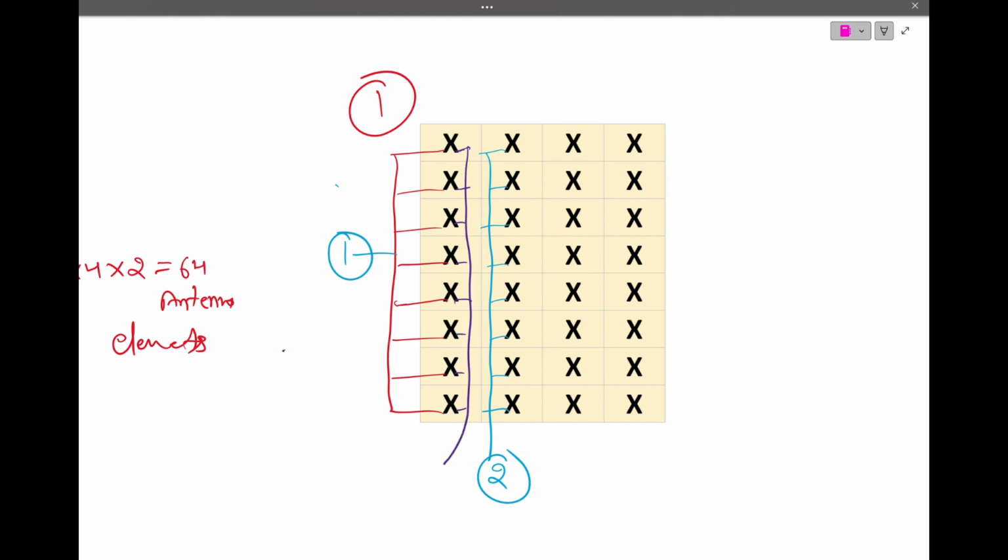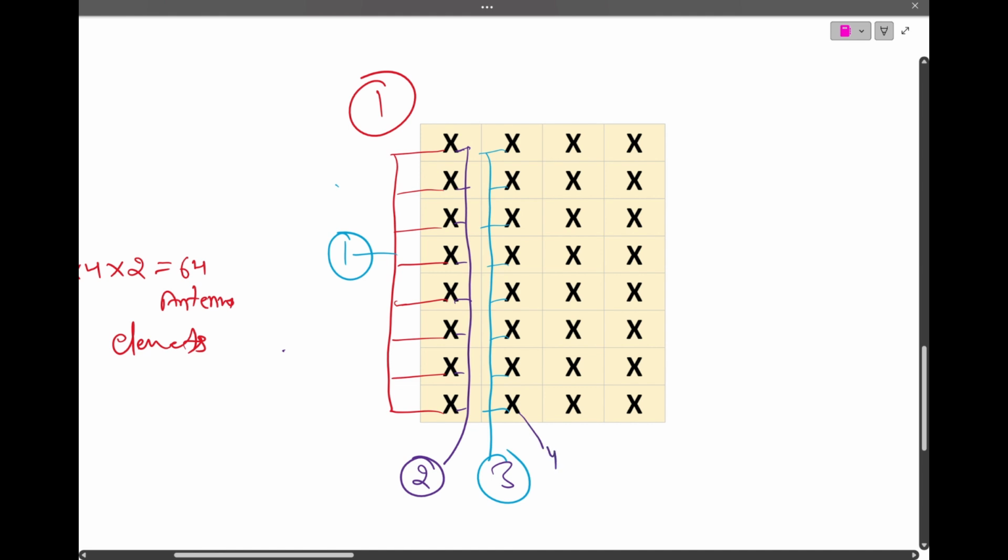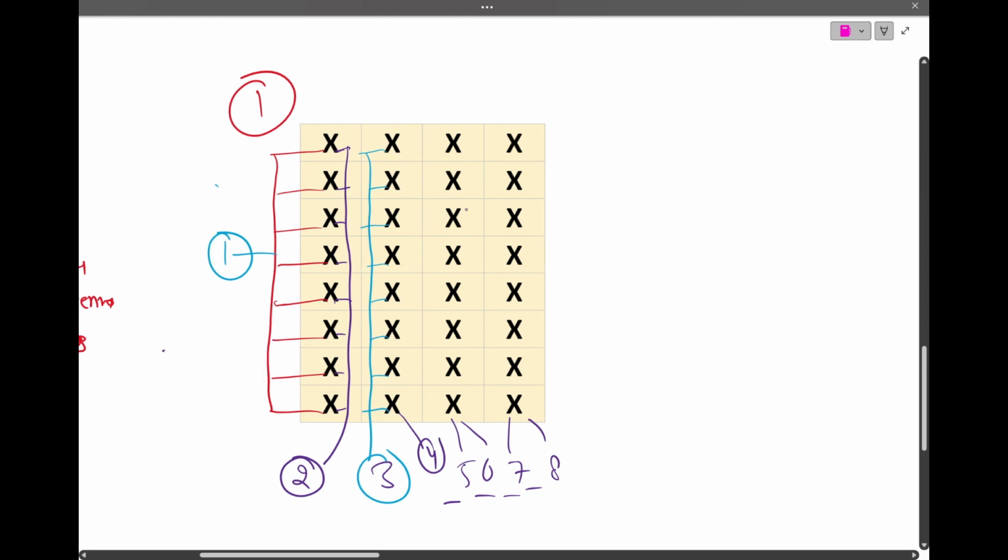I will call this second and this third, similarly 4th, 5th, 6th, 7th, 8th. So in this case each column is connected with a single input. This kind of arrangement is called an 8T8R system.